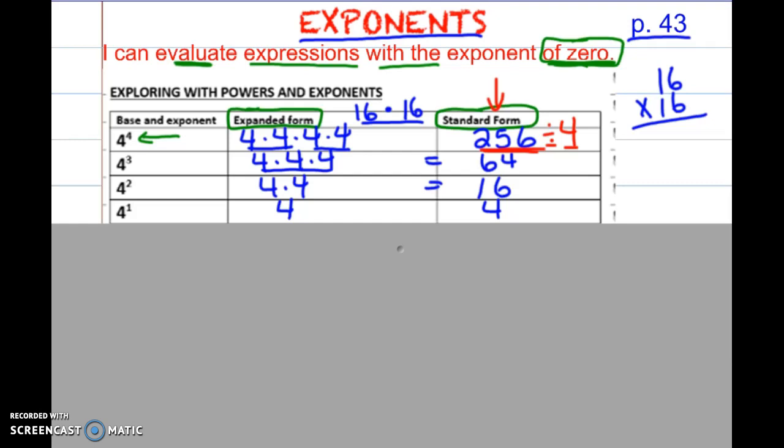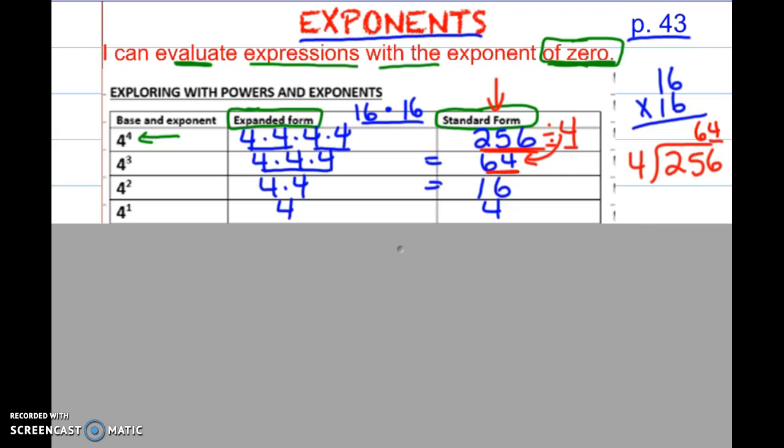So what I want you to do right now is pause your video and do the division. 256 divided by 4. Do that right now. Okay, you should have gotten 64 for your division, and what I want you to notice about this is that 64 is the answer underneath where we began.